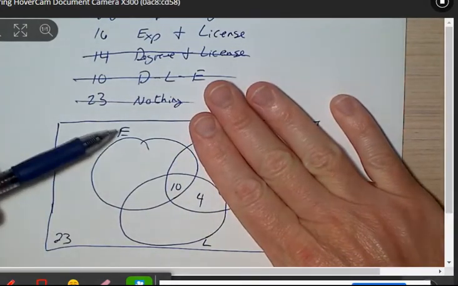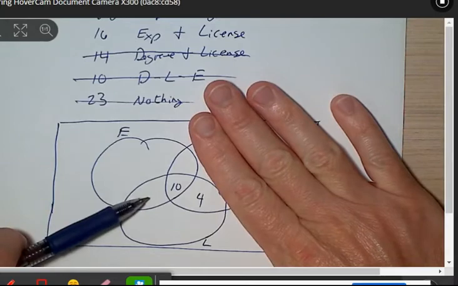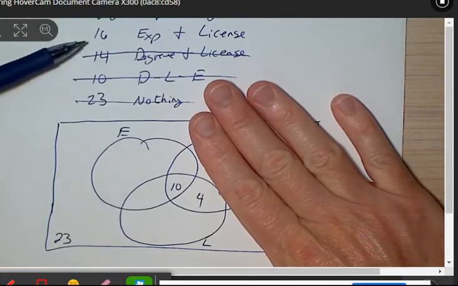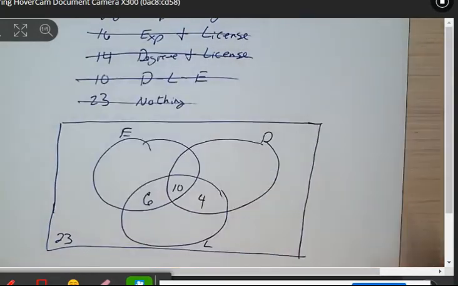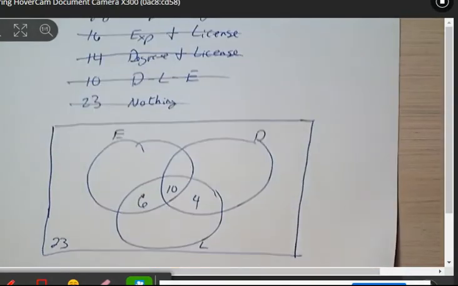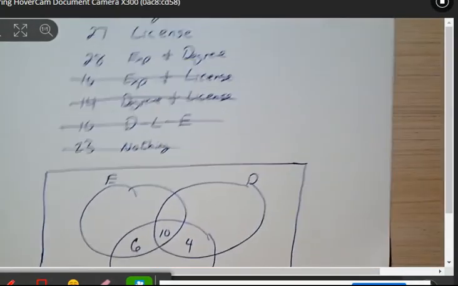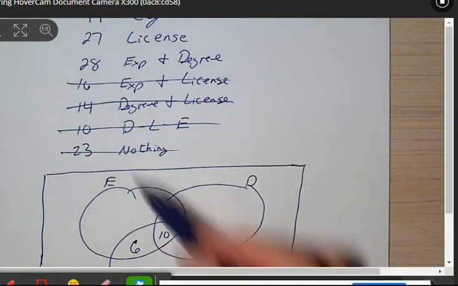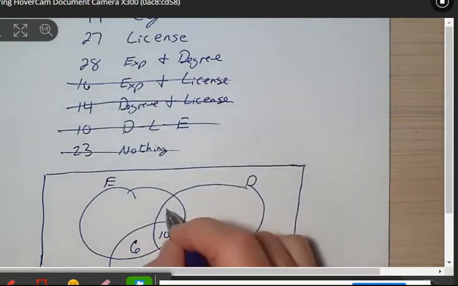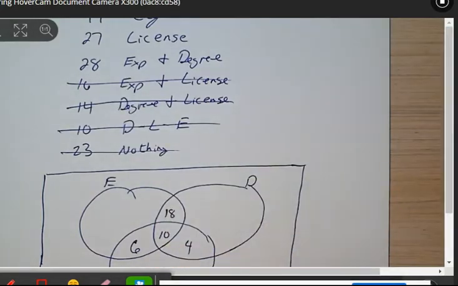So the overlap between experience and a license would be here. There were 16 people, so we'll do 16 minus 10 to make that 6. And then at the top, between the overlap of those 2 circles, experience and degree, there were 28 people. Well, if there was 10 that was already here, we'll do 28 minus 10 to make that out to be 18.